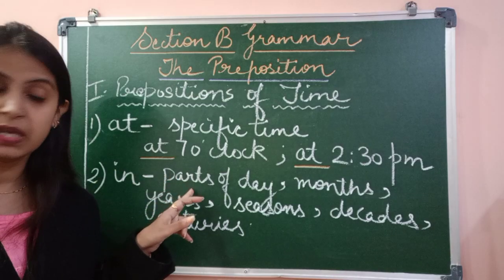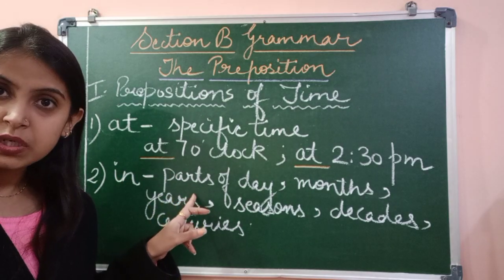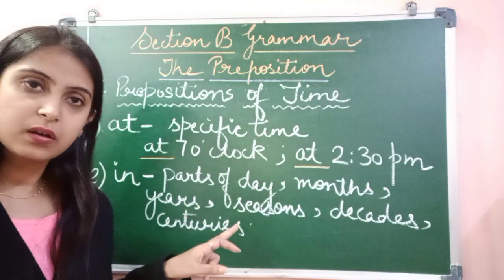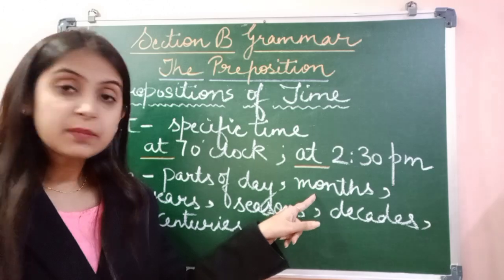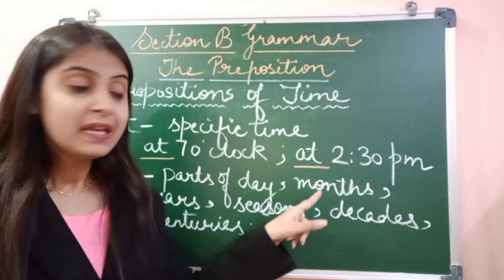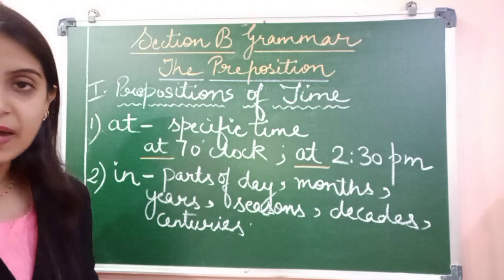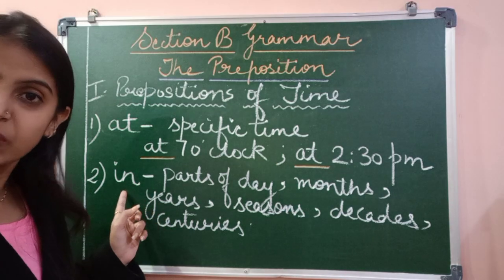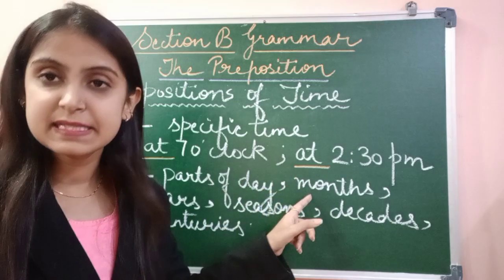Parts of the day means in the morning, in the afternoon, in the evening. With months, Mahatma Gandhi was born in October. So if we are talking particularly about any month, we will use in with months. Christmas falls in December.